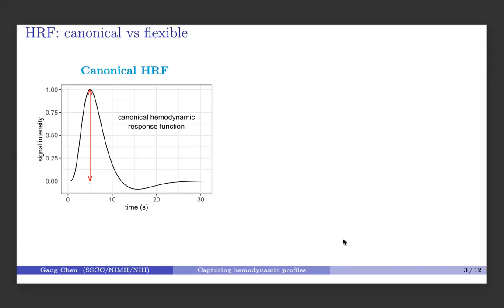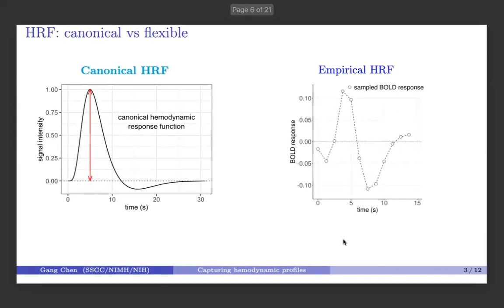We know there's a huge amount of variability across different brain regions, individuals, tasks, and groups, right? For example, this is an estimated HRF from the insula. As you can see, the total duration, the overshoot duration, and the undershoot duration are dramatically different from the canonical HRF.